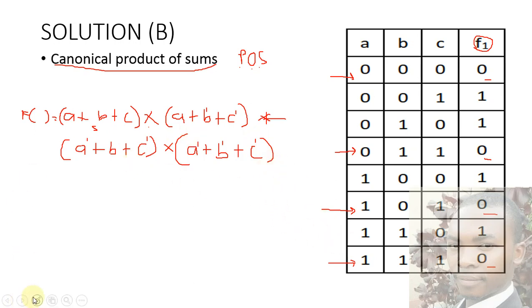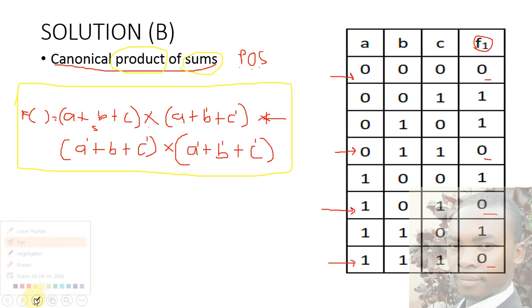All right, so by doing this you have what we call a product of sums, and this is what we logically mean, that these are sums and then you multiply them.